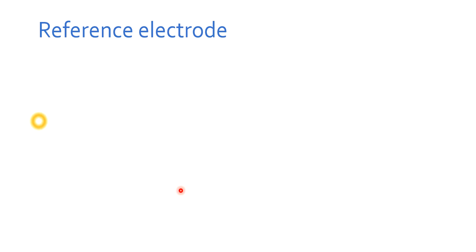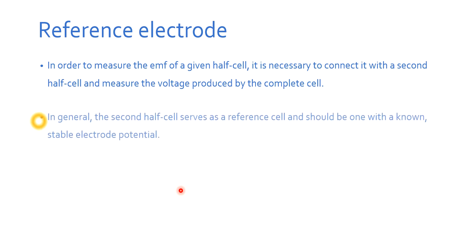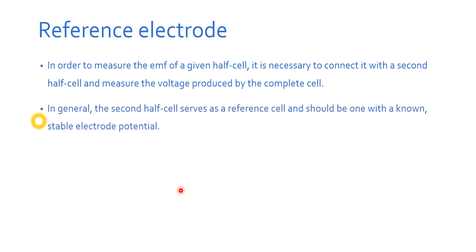For that, we must have a half cell with a known, fixed, or stable voltage. We have the half cell for which we want to determine the potential.